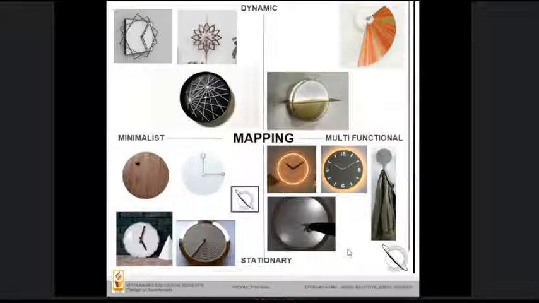We did the mapping of the market study that we did, and we divided the clocks into some that were stationary, some minimalist, dynamic, and multifunctional. In multifunctional, most of the clocks had light behind it so that it can act as a lamp, and some of them had storage property.